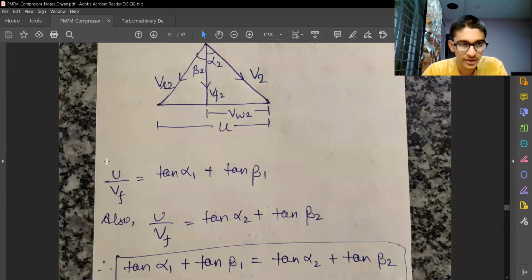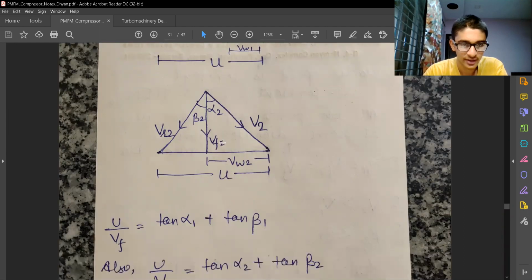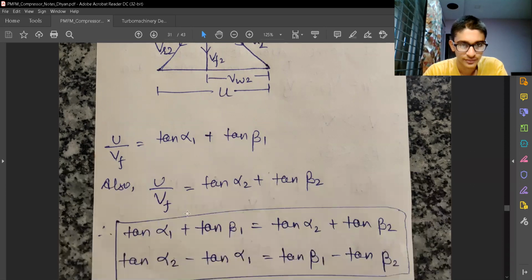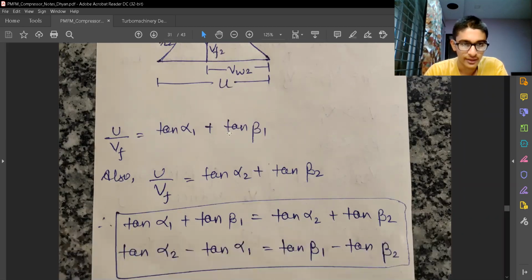Using trigonometry, we can write the first relation, U by Vf is equal to tan alpha 1 plus tan beta 2. You can use these two triangles to write that. Similarly, you can use these two triangles and write U by Vf is equal to tan beta 2 plus tan alpha 2.